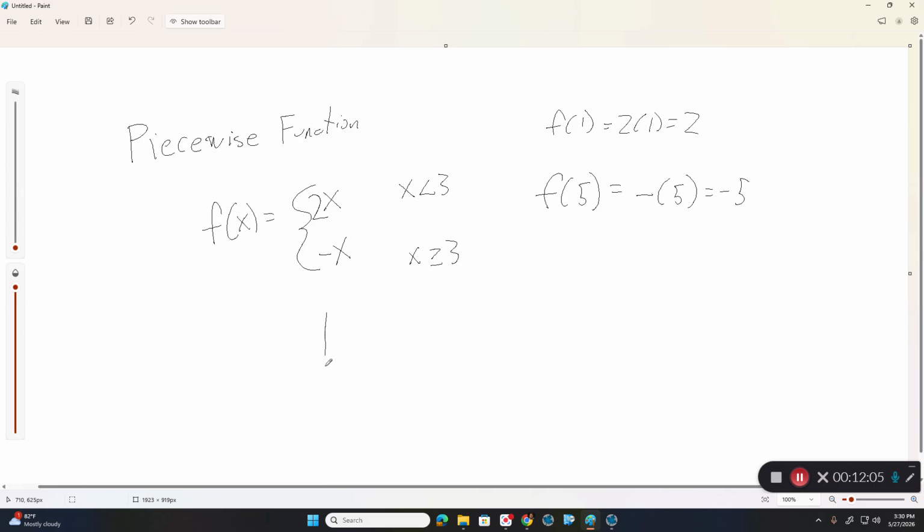Let's see if we can't draw this one. I'll be honest, I don't know if I'll be able to. So, right at 3, we know it should behave like negative x, which means it's definitely going to respond with negative 3, right? f of 3 is going to be negative 3.